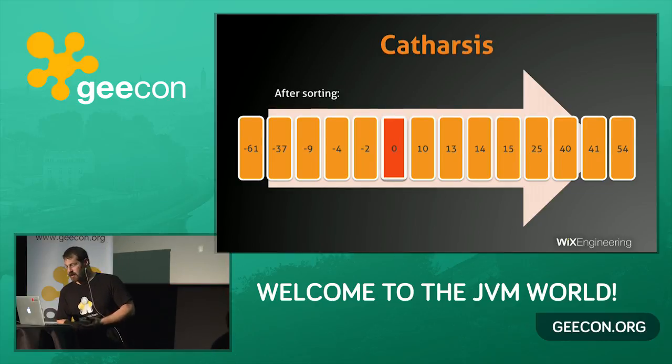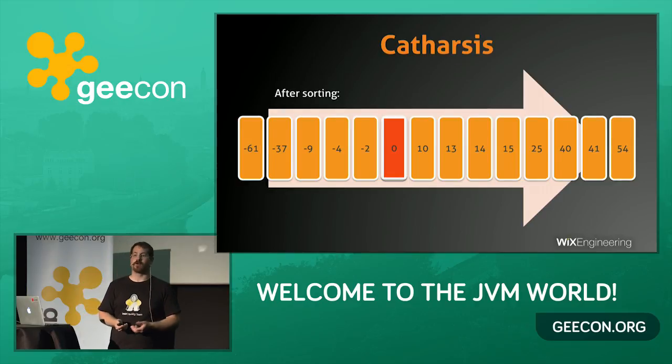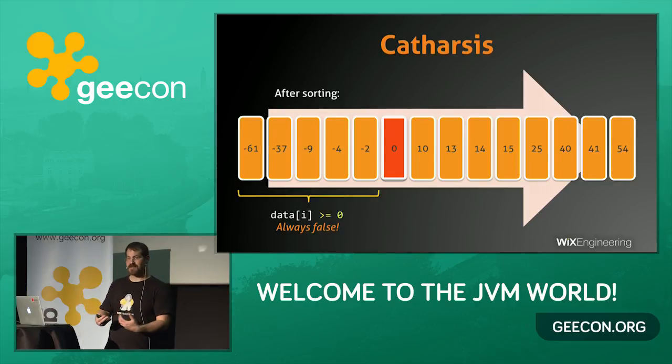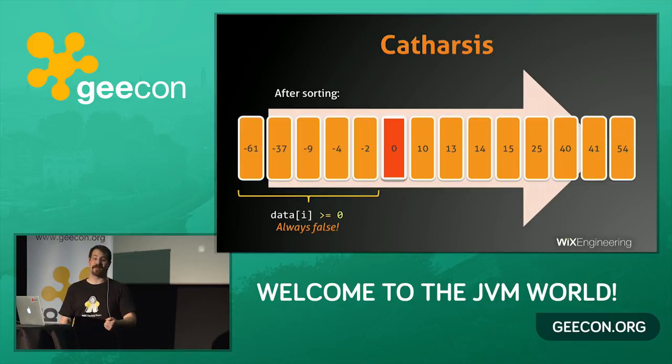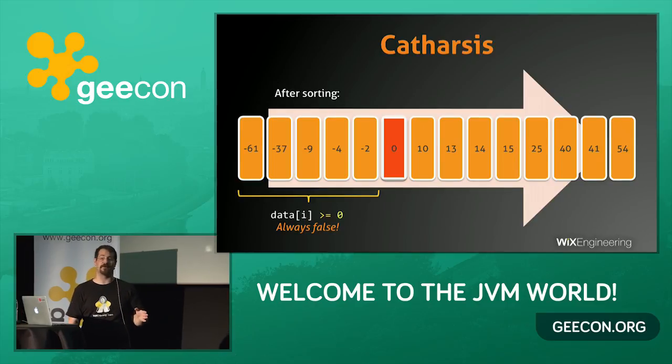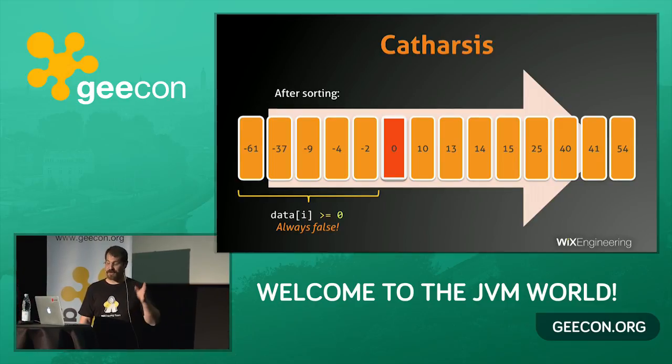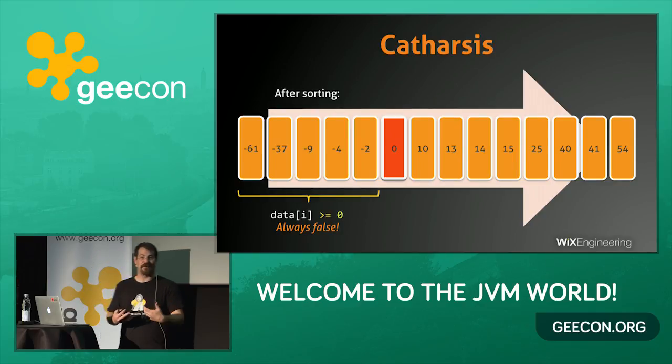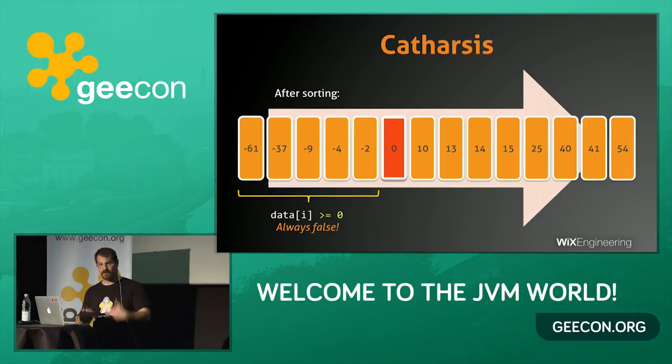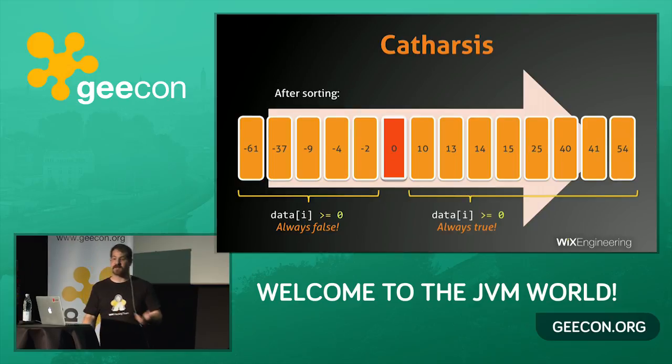The 0 acts as kind of a pivot point, because we, as engineers, know for a fact that everything to the left of the 0 is, by definition, negative. So this if condition always evaluates to false. On the right side, it's the exact opposite. It always evaluates to true.